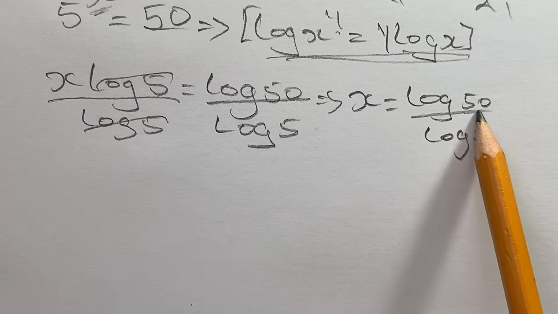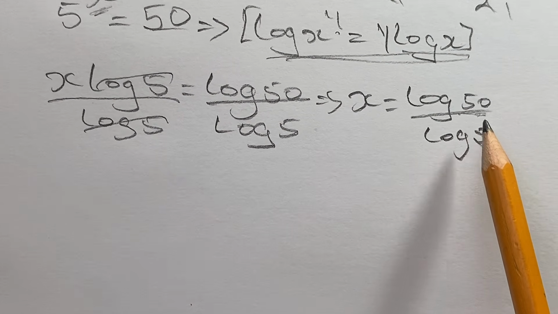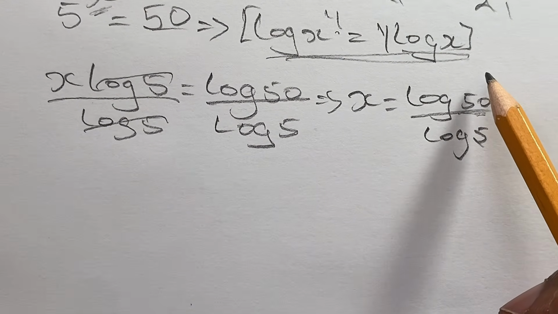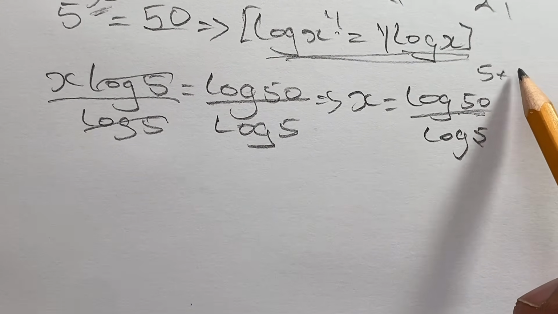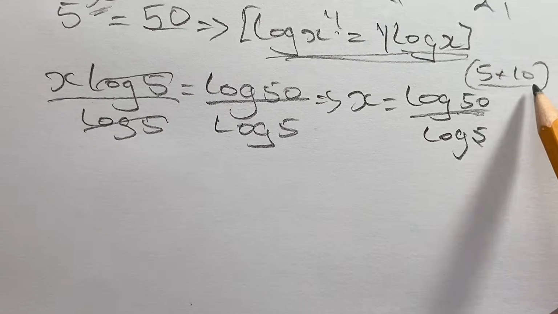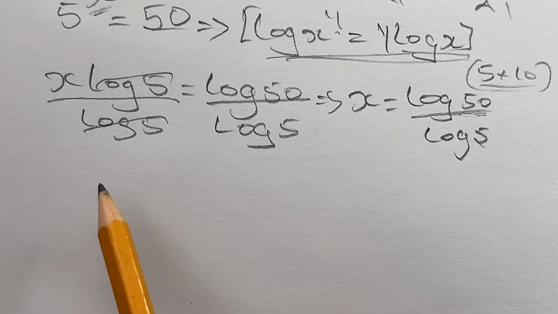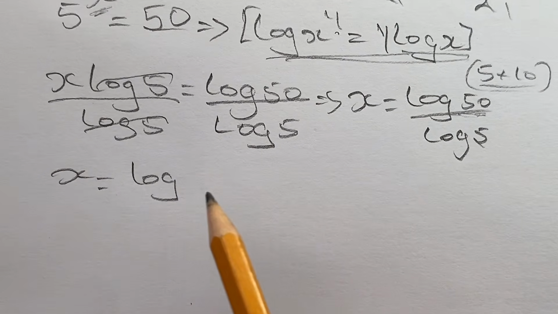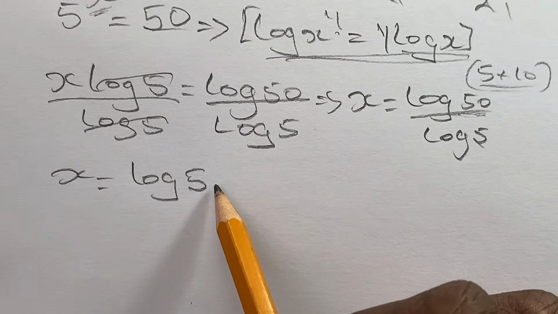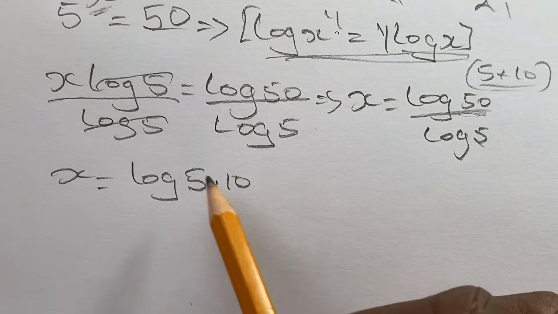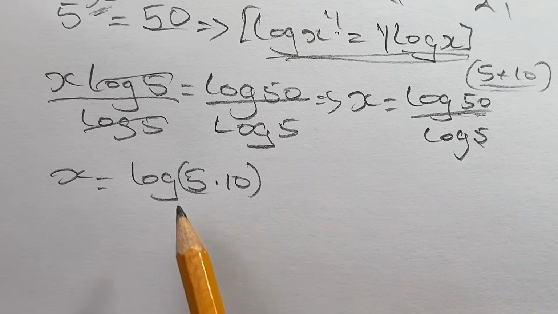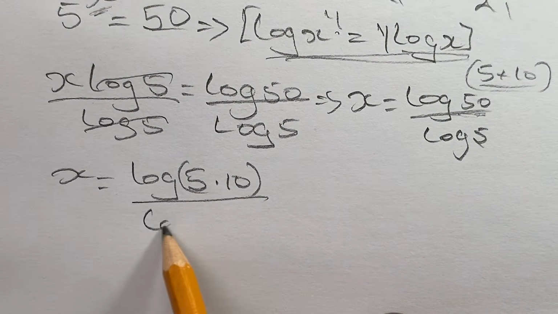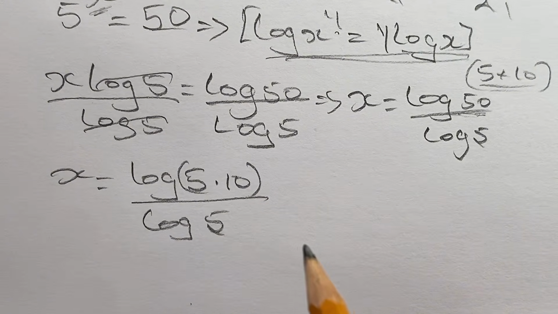So here where we have the log of 50, we know that 50 can also be written as 5 times 10. So let us simplify the log of 50. We'll say that x is equal to log of 5 times 10, and of course this is over log 5.